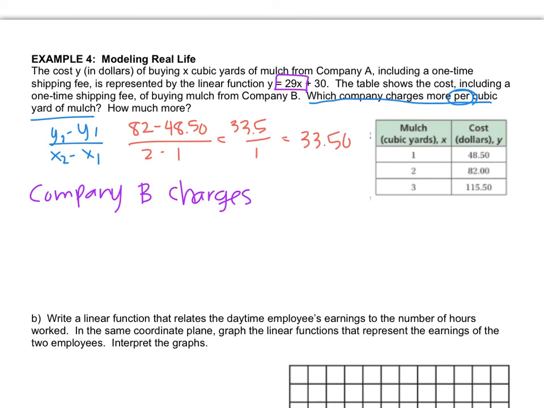And instead of just saying it charges more, let me actually answer the other part of the question because this other part said how much more. So I'll just do 33.50 minus 29, and that is 4.50. So I'll say it charges $4.50 more per cubic yard.